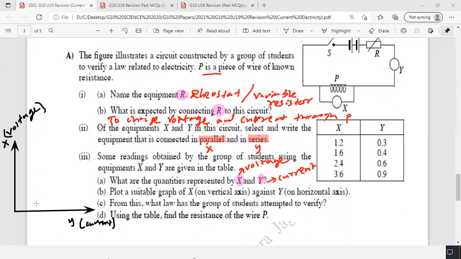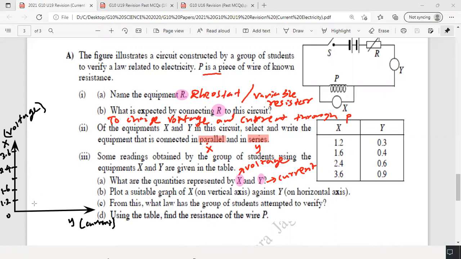Now you look at X. What are the values given for X? 1.2 volt, 1.6 volt, 2.4 and 3.6. There are 4 values. Look at the screen. So you have to mark this according to the scale.